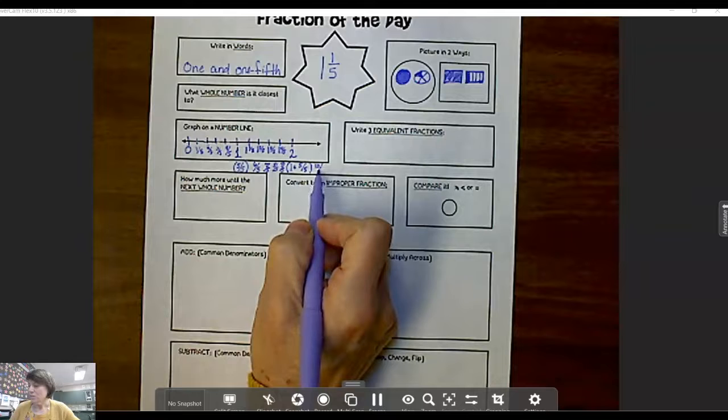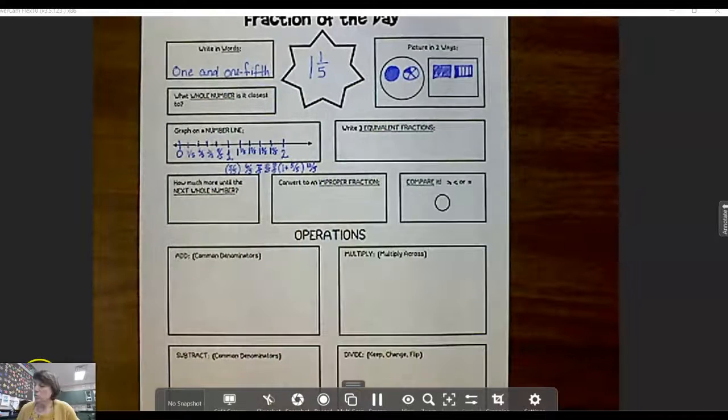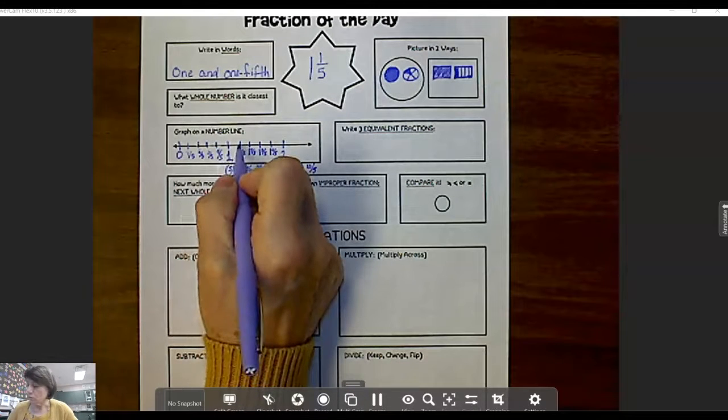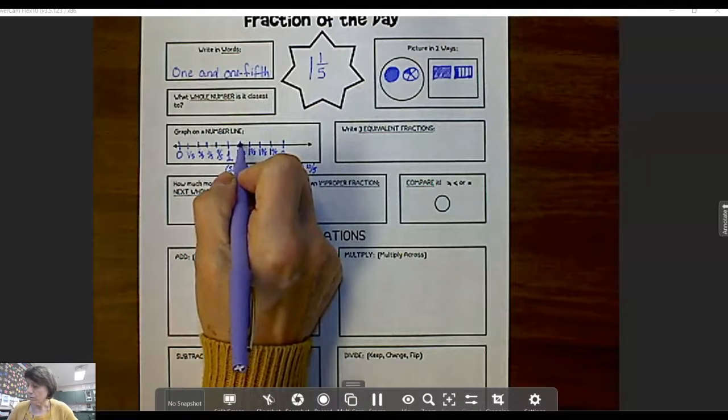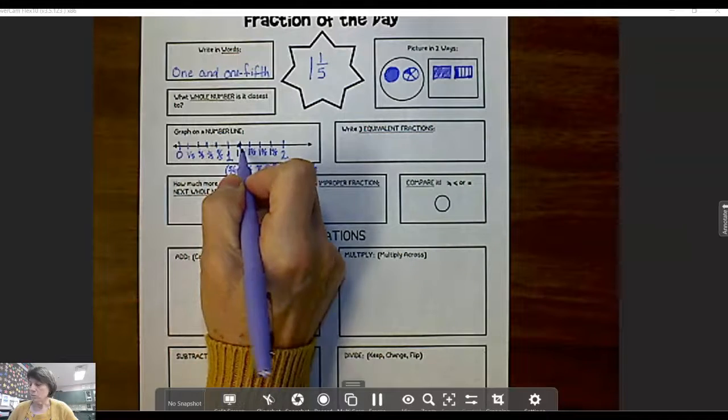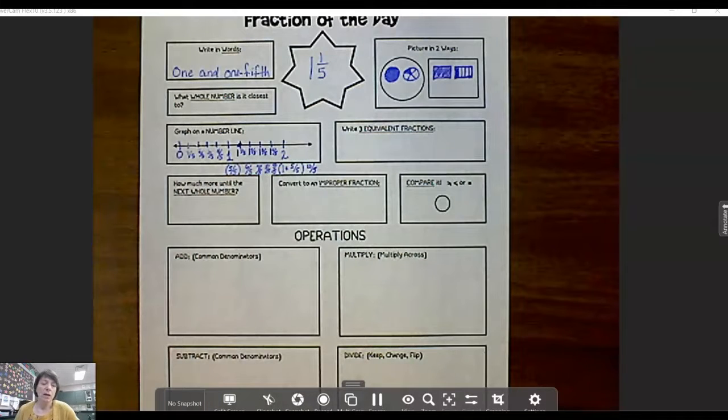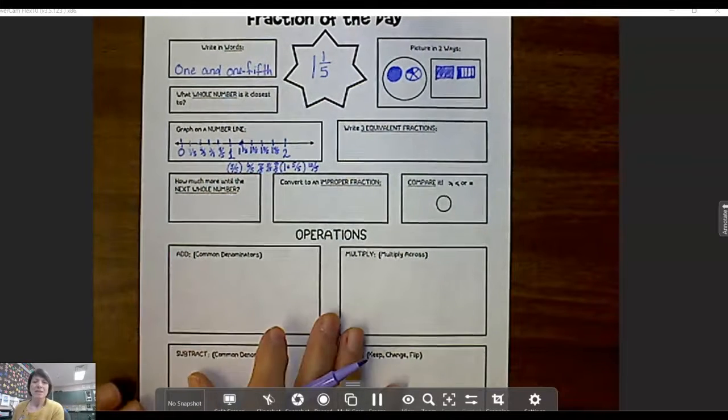All right, so let's graph our 1 1/5. So 1 1/5 falls right here. It's the whole number 1 with a fifth more on its way to 2.